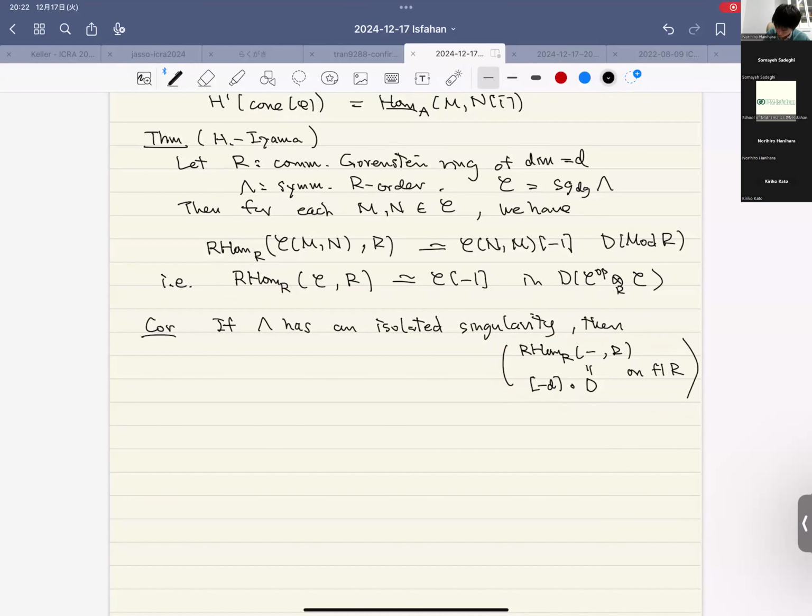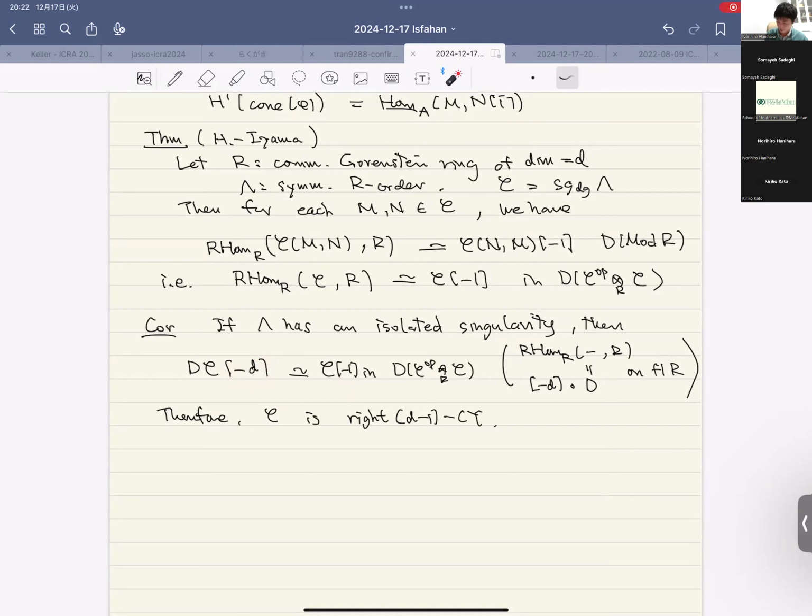So it becomes DC shifted by minus d, isomorphic to C shifted by minus 1 in the derived category of Lambda-bimodules. And so if we take this D to the other side, this C is right (d-1)-Calabi-Yau. In this way, we have lifted the Calabi-Yau property of triangulated categories to DG enhancements.